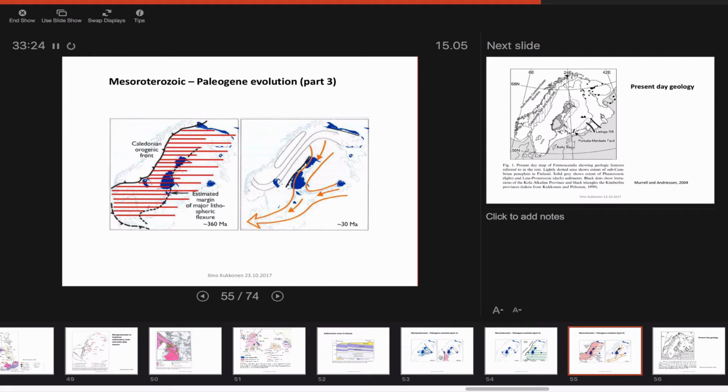The foreland of the mountain range, of course, experienced sedimentation. Just like today in the Alps, there were molasses, and also sediments which extend far away from the mountains to the north. And so that was the case.